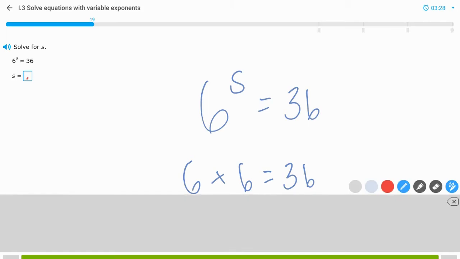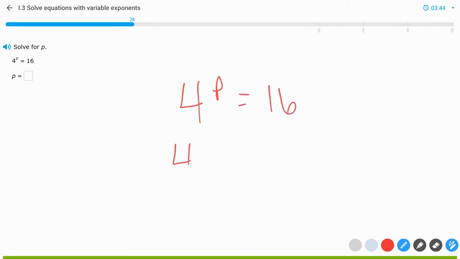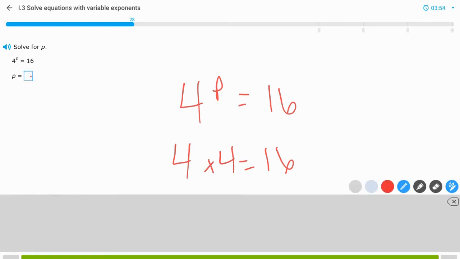So my exponent is going to be 2. P equals 16. I know that 4 times 4 equals 16. That means my exponent is 2. 4 to the second power, or 4 squared, is 16.